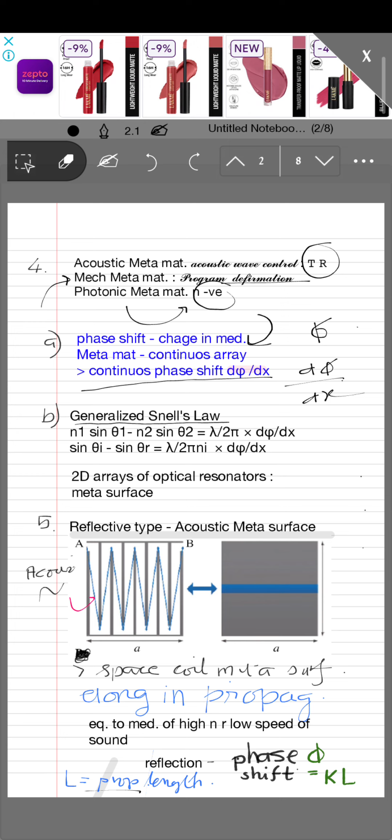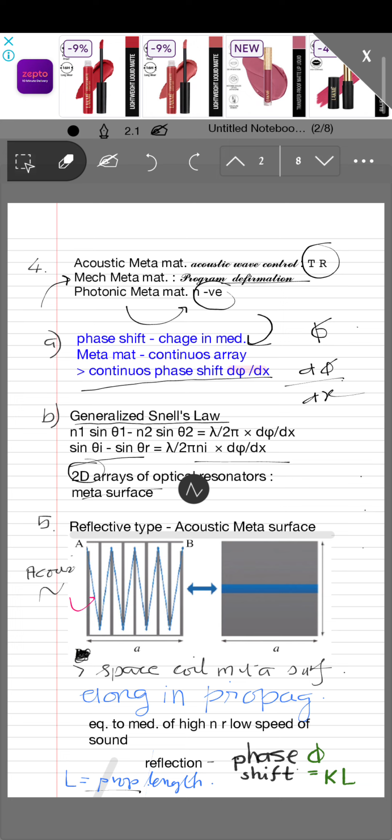And considering that there is a negative refractive index, the refractive index can be generalized in this format. As previously told, the ones which show negative refractive index are nothing but two-dimensional optical resonators.